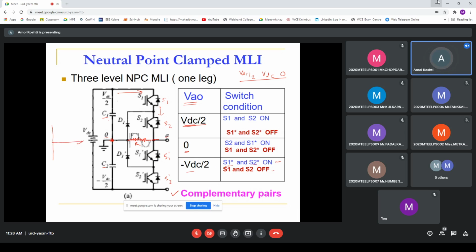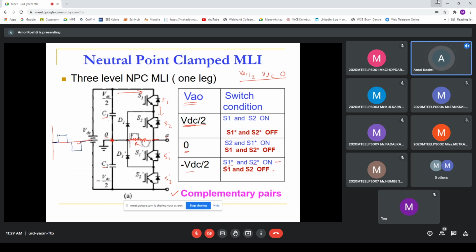With respect to this switching combination, first we'll get this 0, and then we get this half, and again 0, then minus VDC by 2, and again in this way. So in this way we get 3 levels.